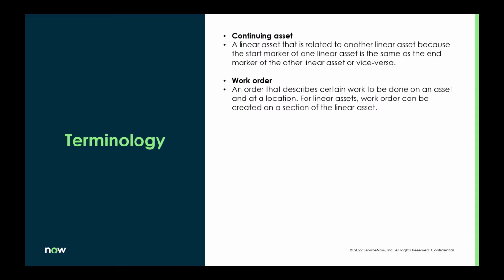A work order for a linear asset is an order of certain work that needs to be done on the linear asset. It can be created on a section of the linear asset. So these are the major terminologies used in the linear asset management module.